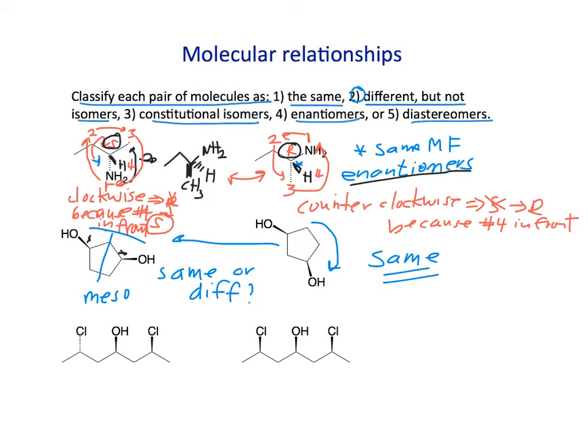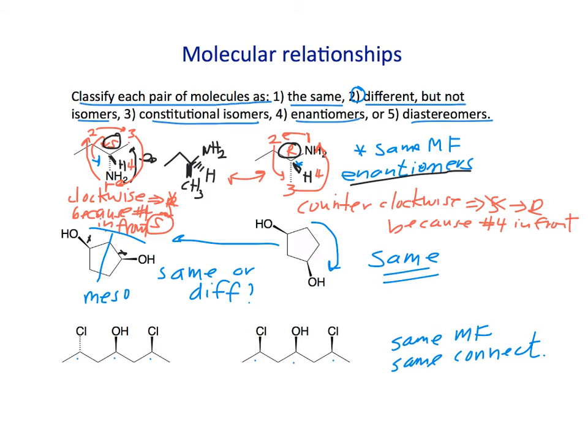All right, what about the bottom one? Okay, they have the same molecular formula. What about connectivity? They have the same connectivity, right? There's a chlorine, OH, chlorine, chlorine, OH, chlorine. Okay, same connectivity, so they're not constitutional isomers.